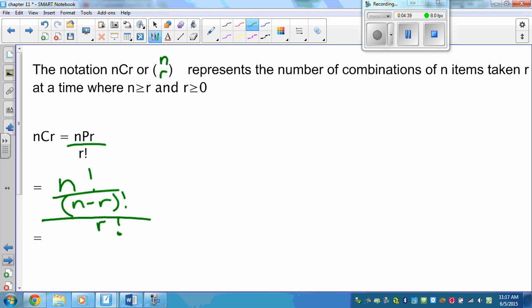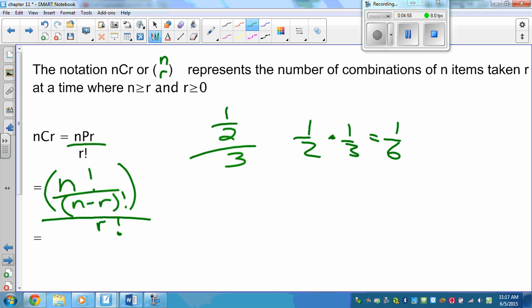So when you divide by something, that's like multiplying by its reciprocal. So if I had 1/2 over 3, that's like 1/2 times 1/3, or 1/6.